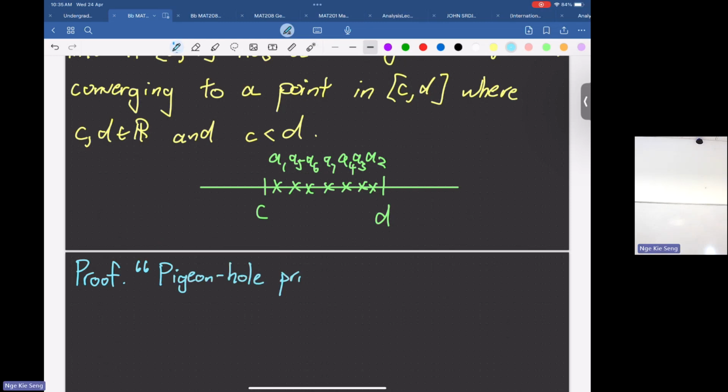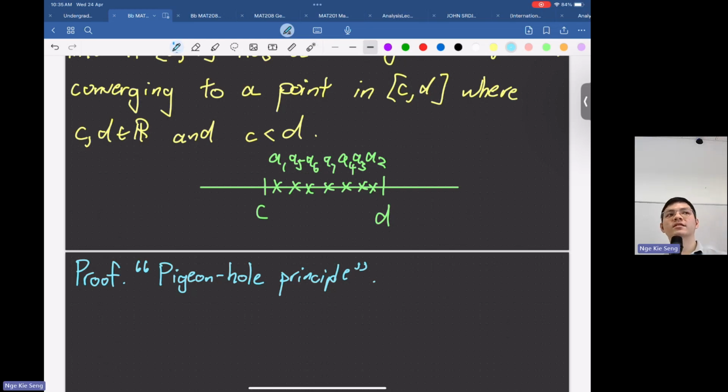You know what the pigeonhole principle is? If you have n pigeons and n minus 1 pigeonholes, then one of the pigeonholes must have at least two.